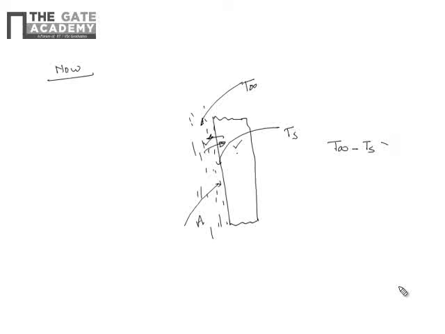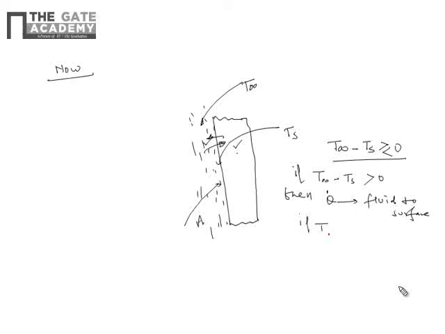Either it is greater than 0 or less than 0. If T infinity minus Ts is greater than 0, that means heat is flowing from fluid to surface, and if T infinity minus Ts is less than 0, heat will flow from surface to fluid.